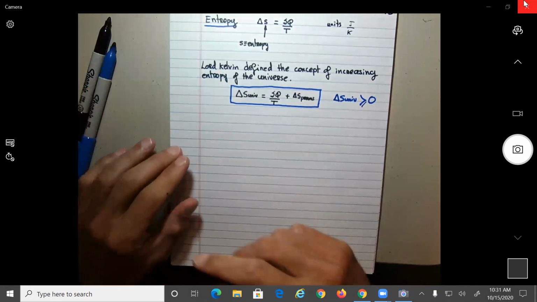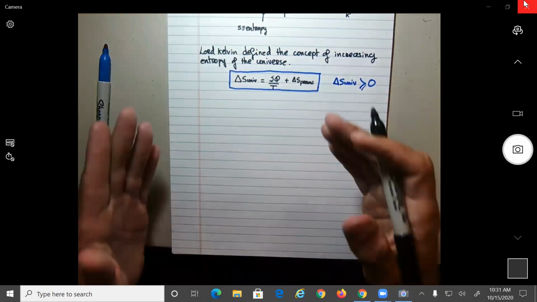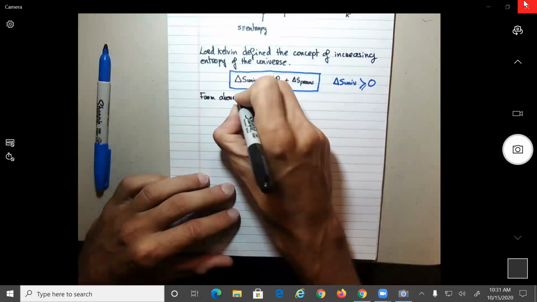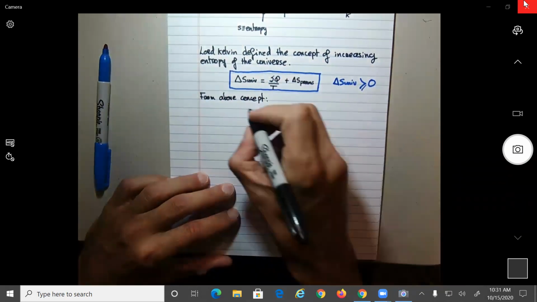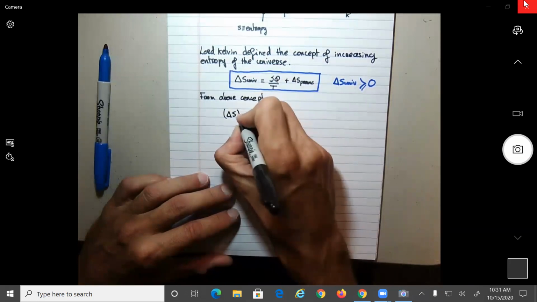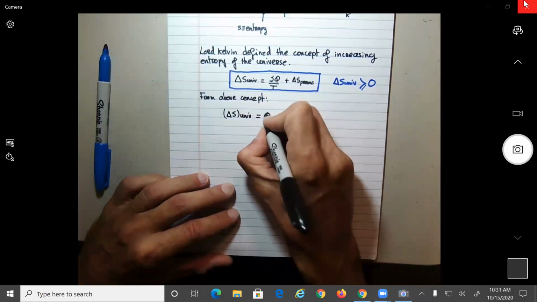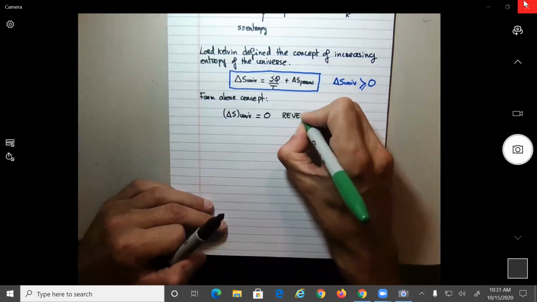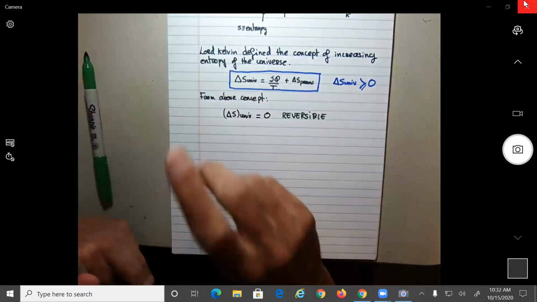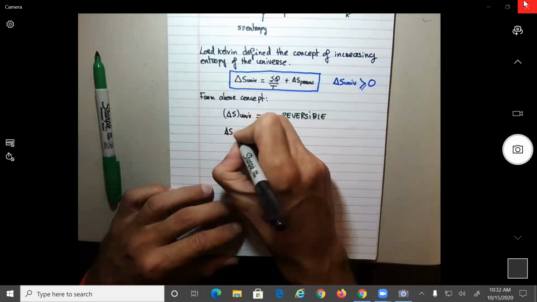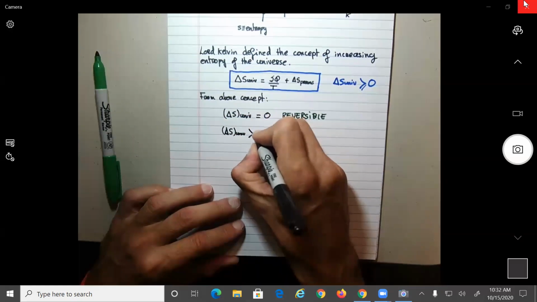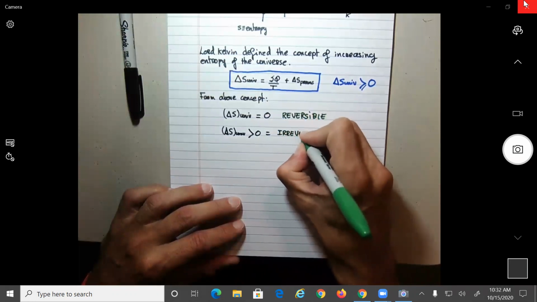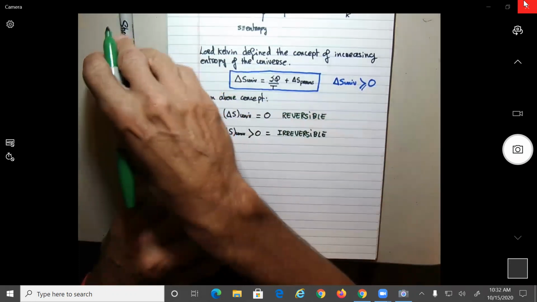From the above concept of increasing entropy, and we need to be careful because this is what is used, we can say that if the change of entropy of the universe is equal to 0, that process or cycle will be reversible. If the change of entropy of the universe is higher than 0, we say that it will be irreversible.